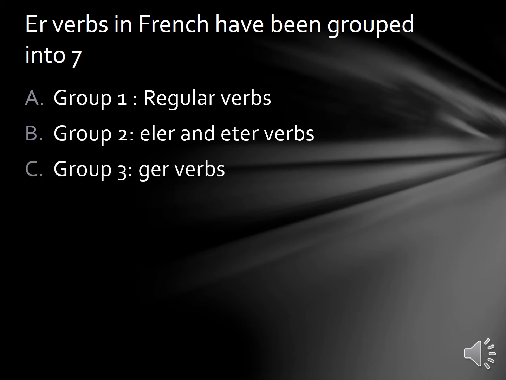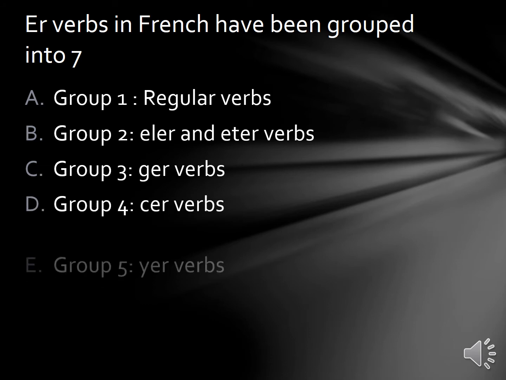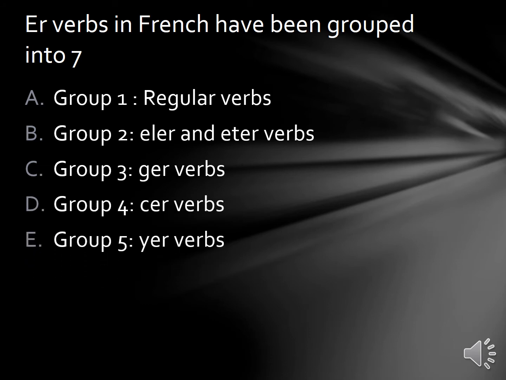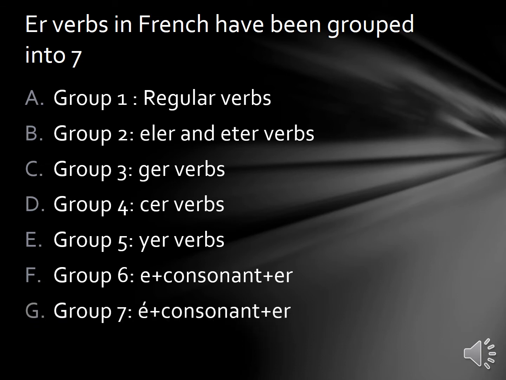Group 3, GER verbs. Group 4, CER verbs. Group 5, YER verbs. Group 6, E plus consonant plus ER. And group 7, A plus consonant plus ER. In this lesson, we are not going to learn all the 7. We are going to talk about only group 1, the regular verbs. Are you ready? Then let's start.